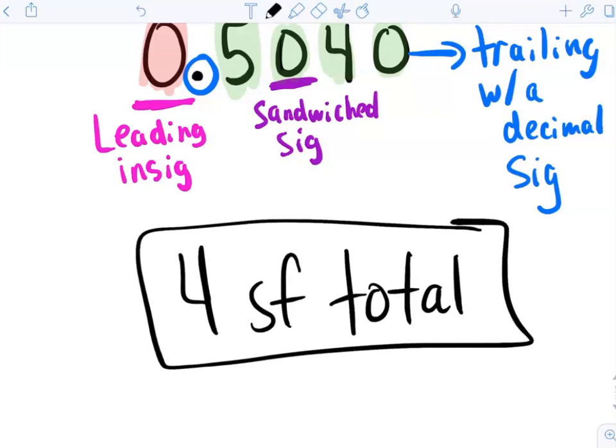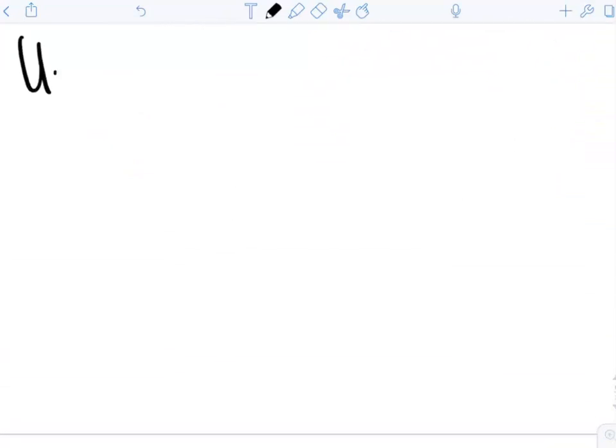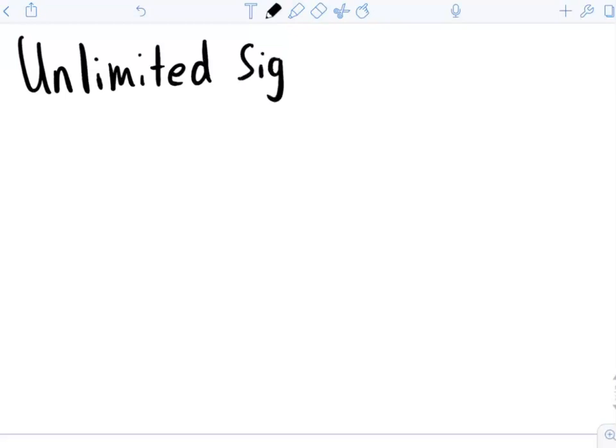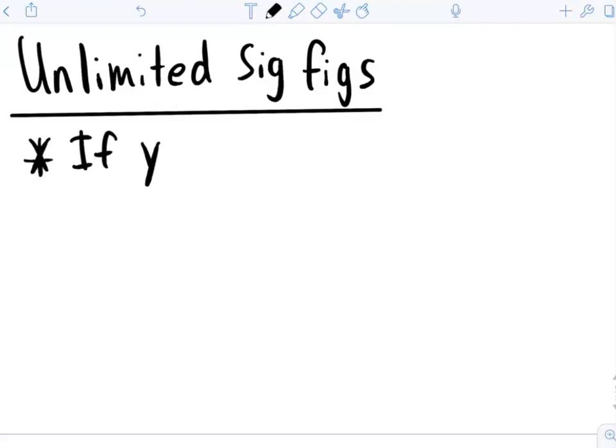Last thing that we have to talk about with our sig figs is there is a time when we could have unlimited sig figs. So that can happen if you count something.